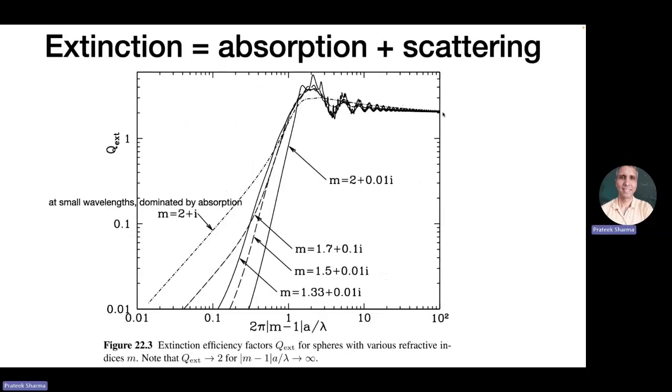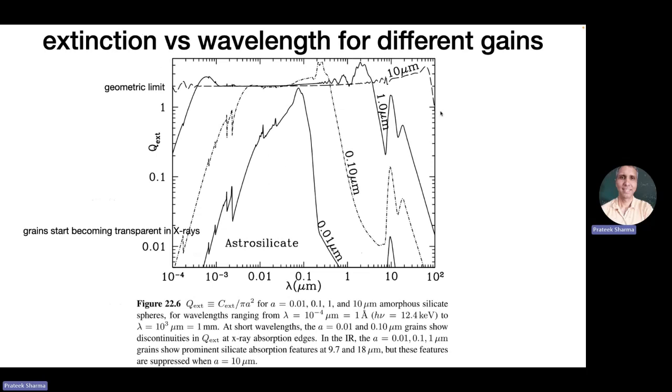So let's see. This is the small lambda limit, right? If a is fixed, if the size of the grains is fixed, on the right we are in the small lambda limit. So this is lambda. In this plot, the geometrical limit is on the left. So if you look at a 10 micrometer grain, this is 10 micron.